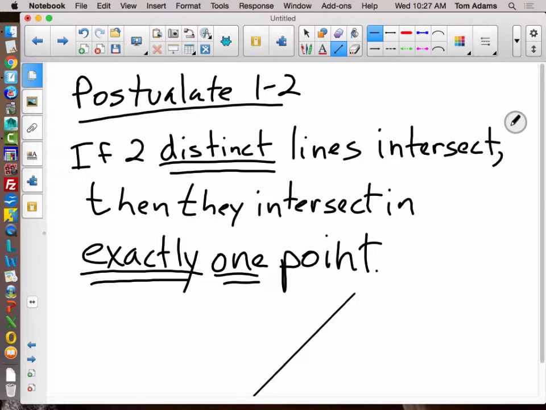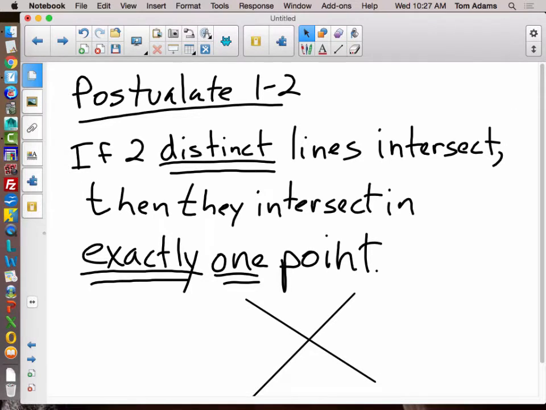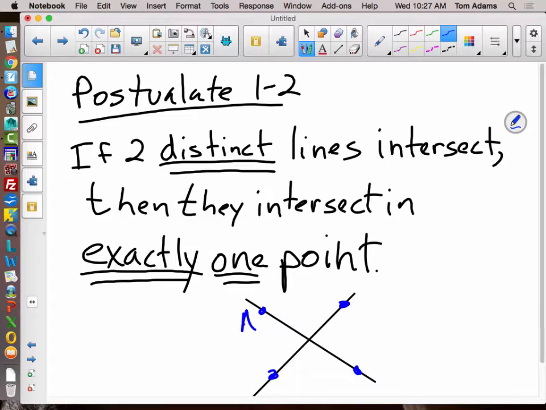So if I have this line and this line, and I label them A, B, C, D, they'll only intersect at one point.